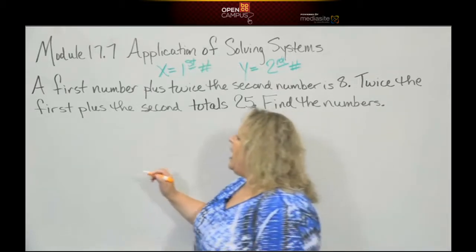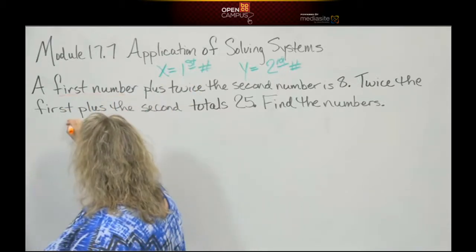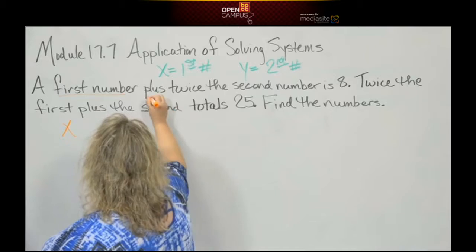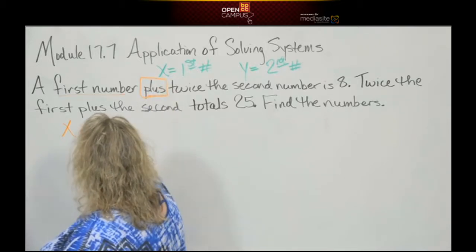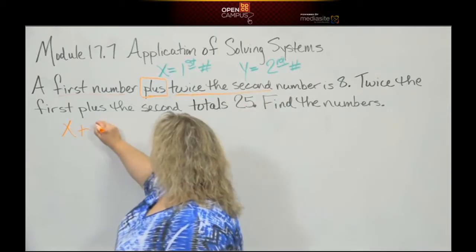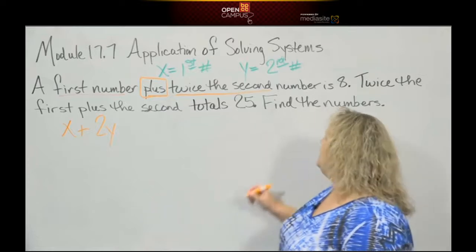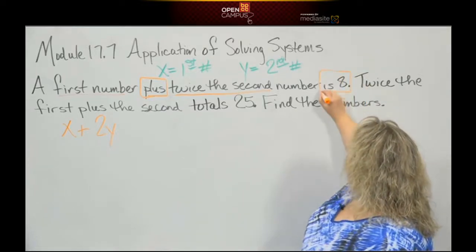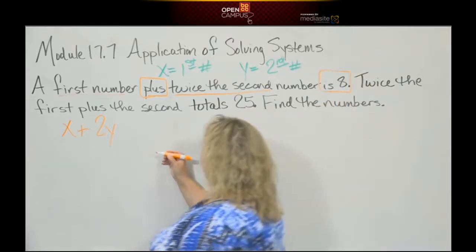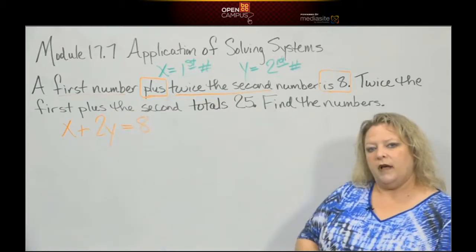We say a first number, so our first number is x, plus means add, twice the second number, that means 2y, right? Is 8, is means equal to. So that's equation number 1.